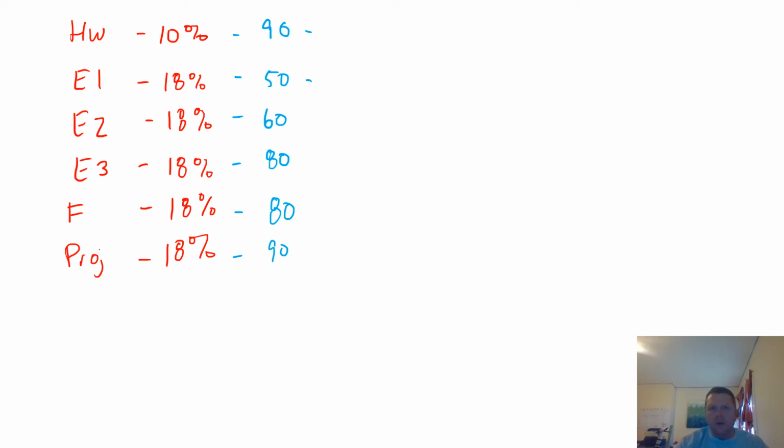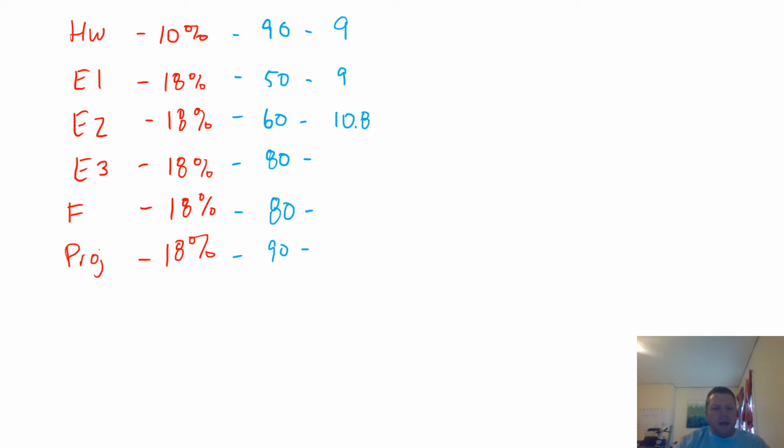Okay, so what I'm going to do is multiply their scores based on the percentages. So that 90% times 0.1 would be a 9. Exam 1, 50 times 0.18 would be a 9. 60 times 0.18 is going to be a 10.8.